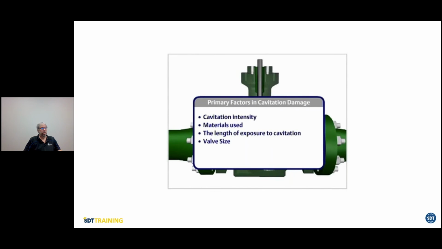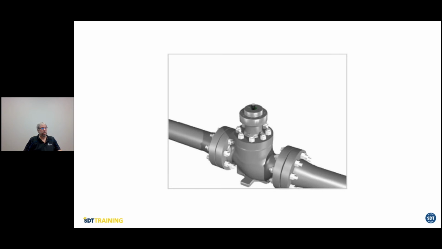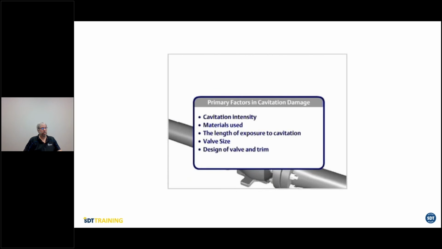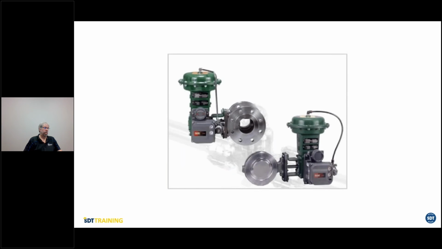Valve size. Increasing the valve size tends to make the effects of cavitation worse. The design of the valve and trim in the area of cavitation. High recovery ball and butterfly valves are more susceptible to cavitation damage.